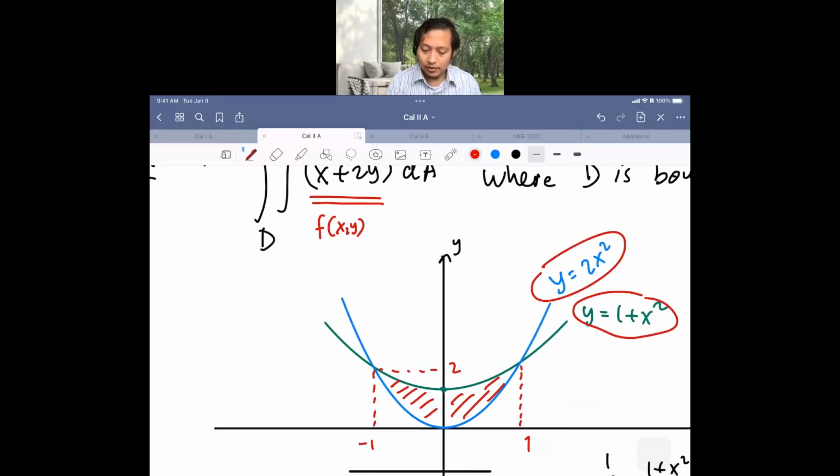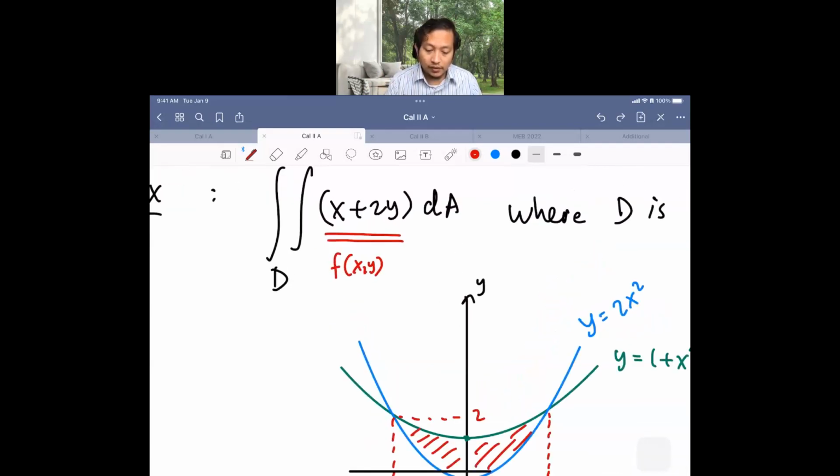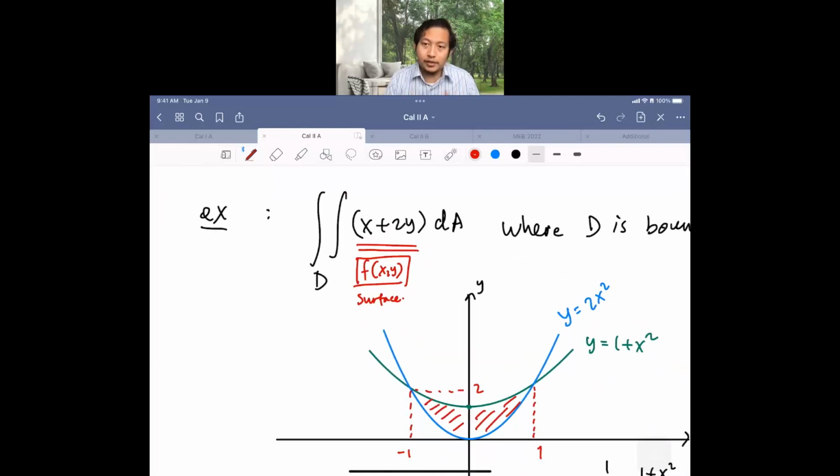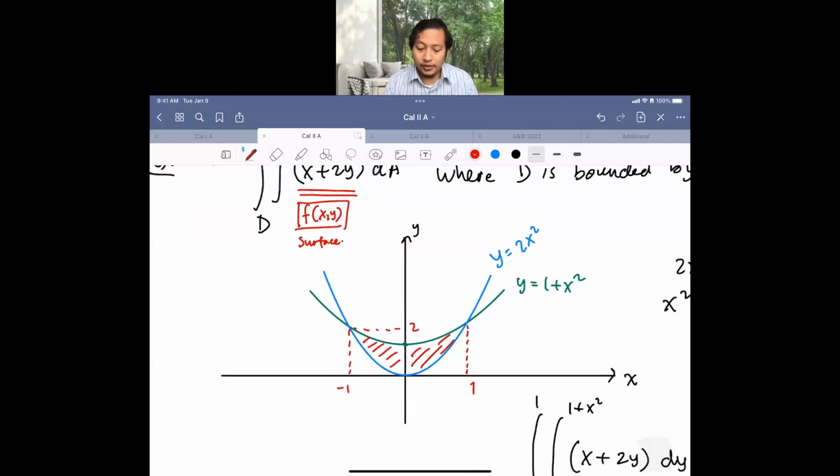These two are the functions for the D, or the domain that we are going to evaluate for the integration. But the deal is we are going to evaluate this, or we can say the surface, right? Because sometimes you can have a mix-up with calculus 1 and calculus 2, and you end up with just evaluating the area, not the question itself.